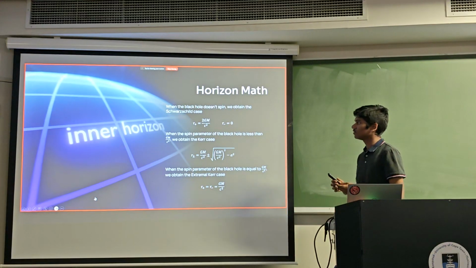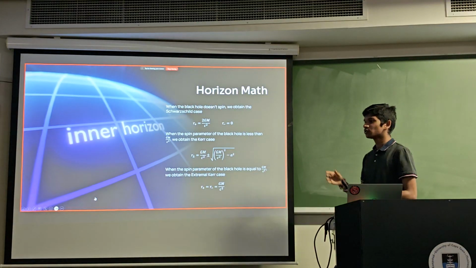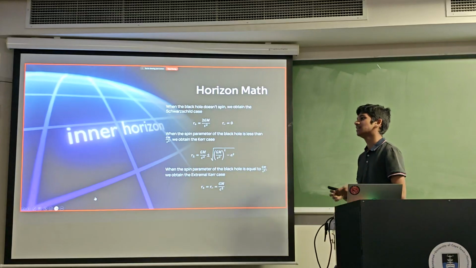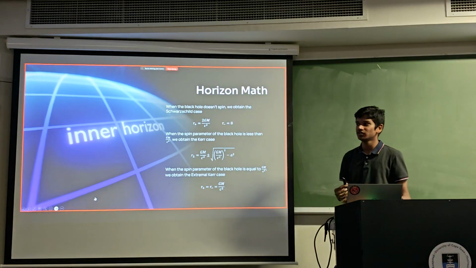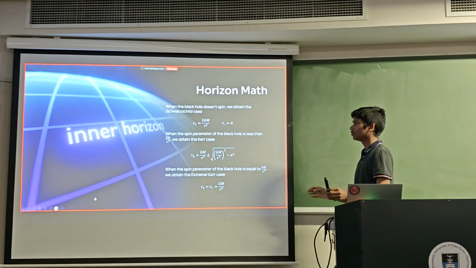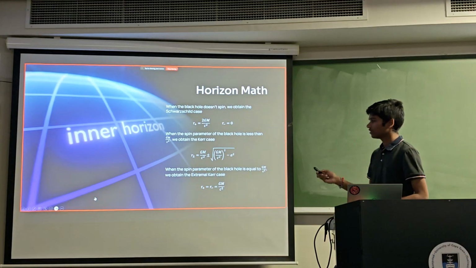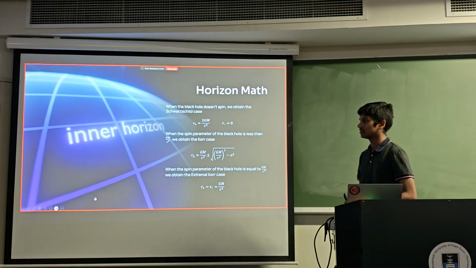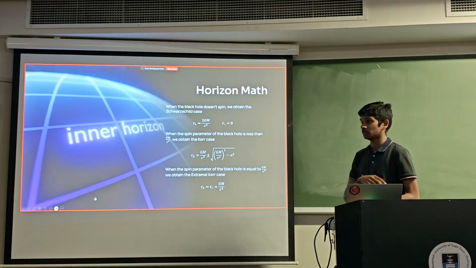Now, just a quick review. In the Schwarzschild case, you cross the one and only horizon, which is technically the outer horizon, and inside, time and space shift, and you have red shifting as you enter it, normal stuff. For a regular Kerr solution, before you enter the outer horizon, a distant observer watches you redshift.